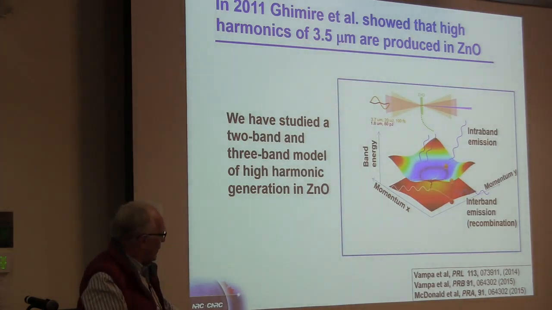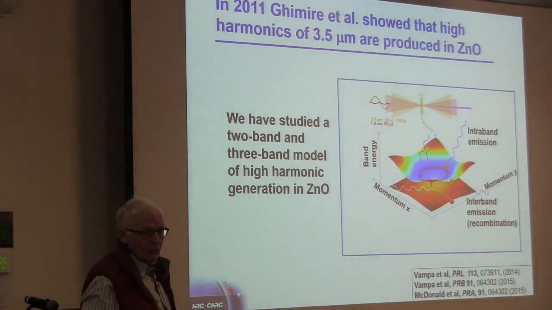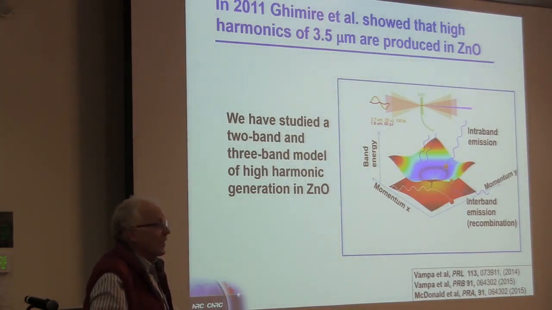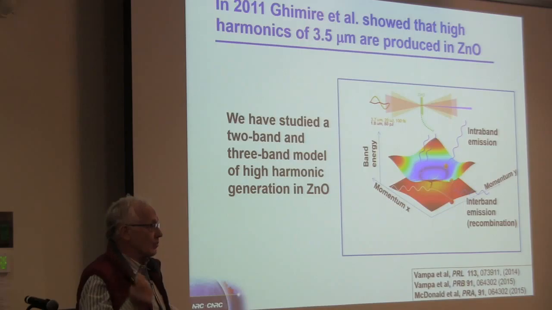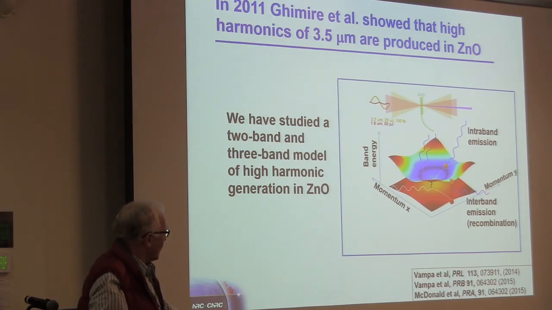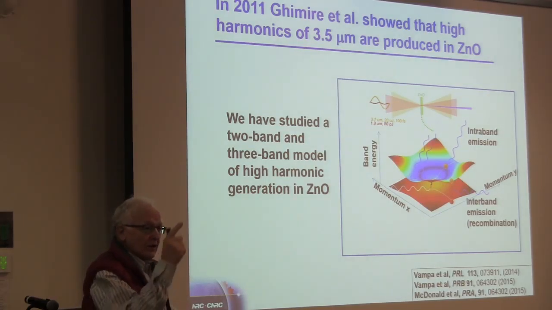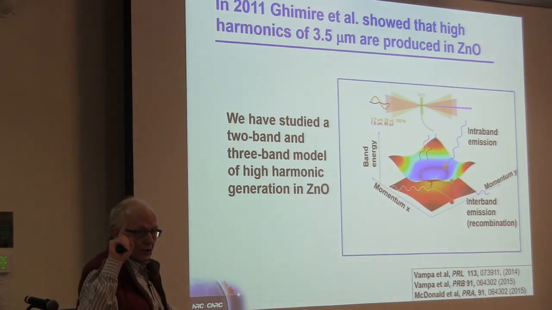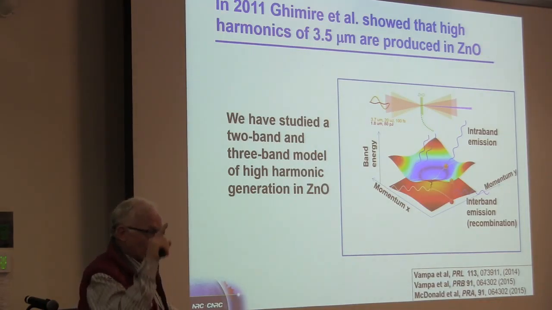A conduction band and a valence band, just like I drew for you before, as closely resembling zinc oxide as possible, 1D, 2D, and eventually 3D model, looking at the processes of emission and separating the harmonic generation in the two ways I described to you before, a one-band model and a two-band model.